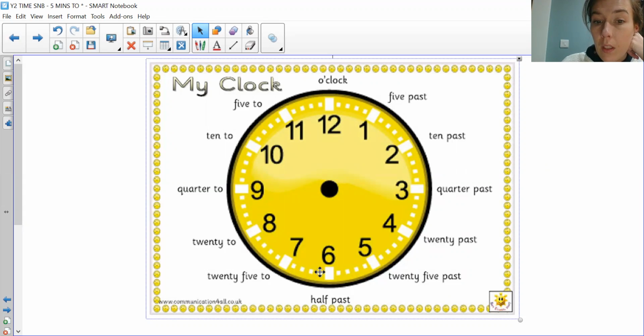So obviously from half past, it's half an hour till the next hour. However, when you look at, for example, the number 7, you've got 5, 10, 15, 20, 25 minutes to the next hour. So for example, if somebody says, oh, it's 25 minutes to 3, that means that there's 25 minutes until it's 3 o'clock. Let's have a look at some examples together.